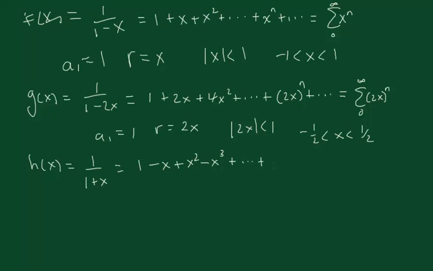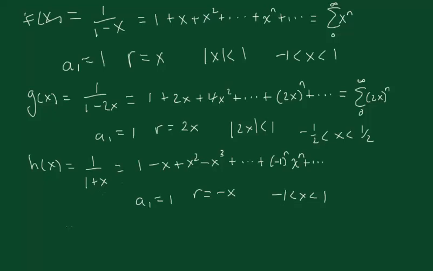Now we'll write this as the strictly alternating series, negative 1 to the n times x to the n plus dot dot dot, and that series will converge for its common ratio, and its common ratio is equal to negative x, which still leads to the interval of convergence. All of this is review.